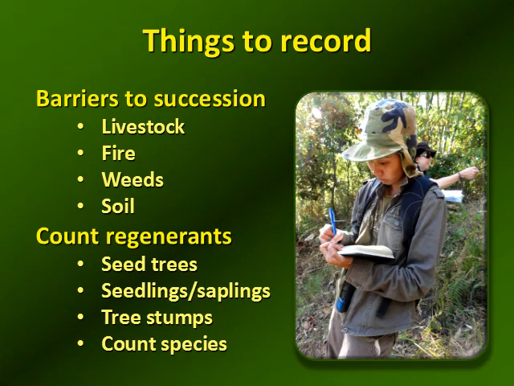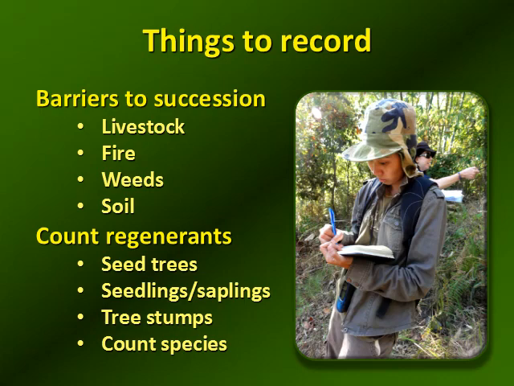Are they likely to be suppressing the growth of tree seedlings? Or are the weeds low and not very dense and not likely to threaten the growth of trees? And lastly, we look at the soil. Again, this can be done by simply asking local people the simple question, would you grow your crops in this soil? If the answer is no, then you may have a problem with soil.